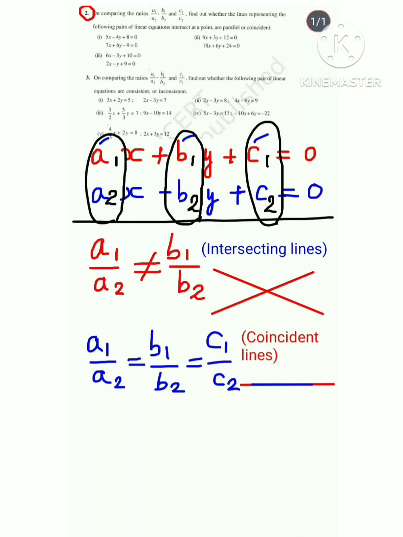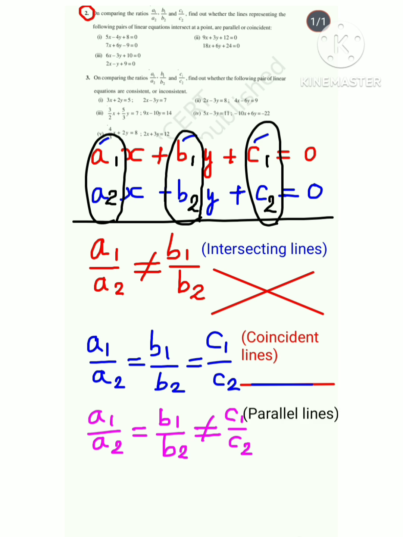Okay, similarly, if a1 by a2 equal to b1 by b2 not equal to c1 by c2, students, in these conditions there will be parallel lines.